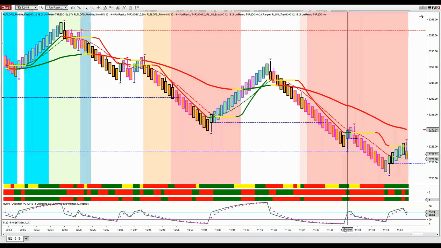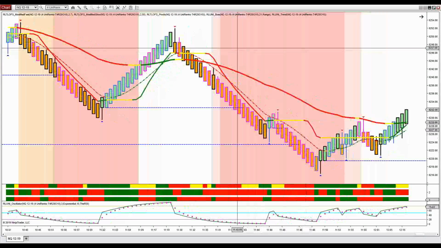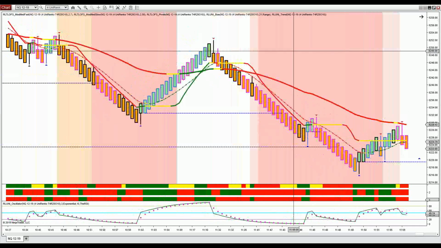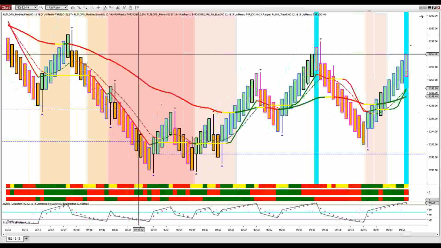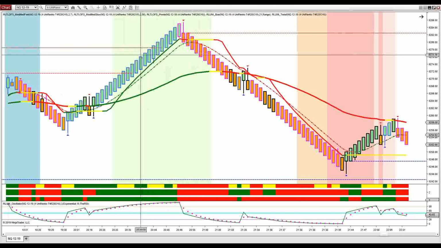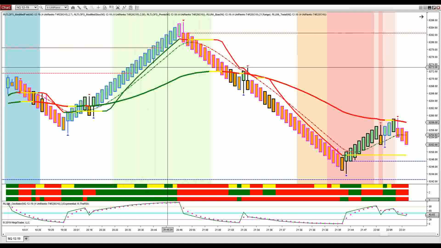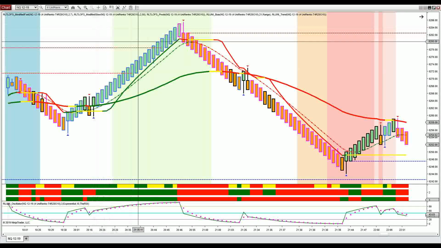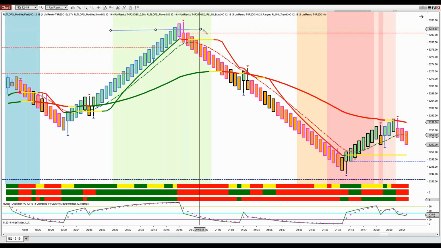Now, in order to get a trade, this background bias, this color back here, must be either dark pink or dark green. The auto will not take a trade unless you've got that. Now, what it's doing is looking at the multi-time frame assessment of trend.